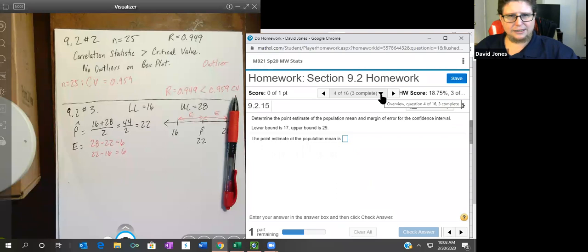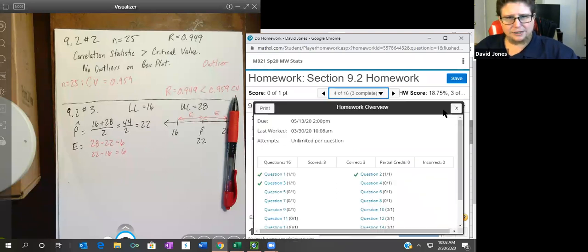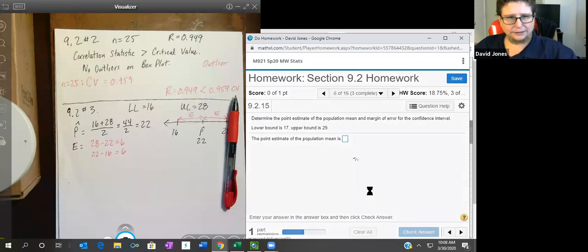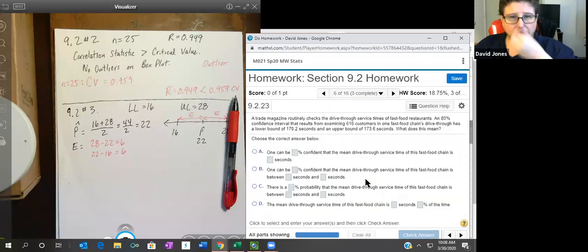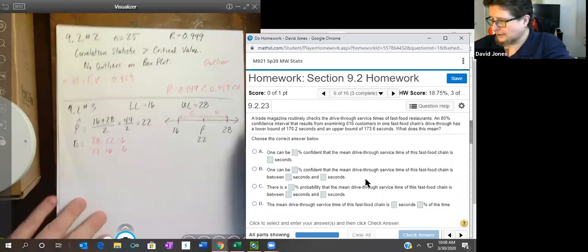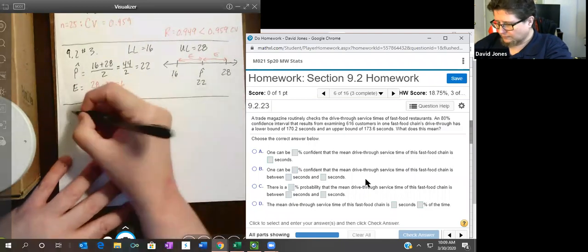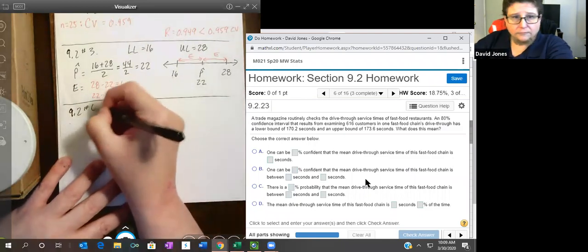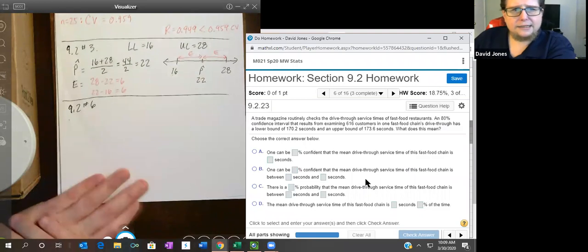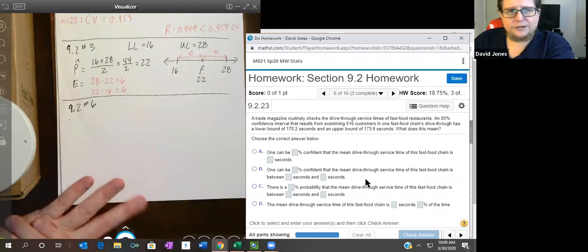Let's take a look at number 6. This one's another one just like it. I think number 6 had a sample size one. Oh no, this was a recent one. A trade magazine routinely checks the drive-through service times of fast food restaurants.